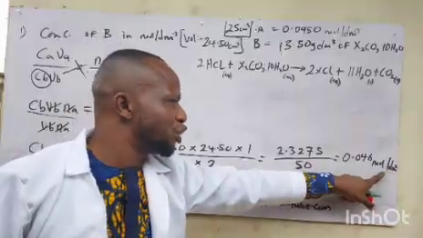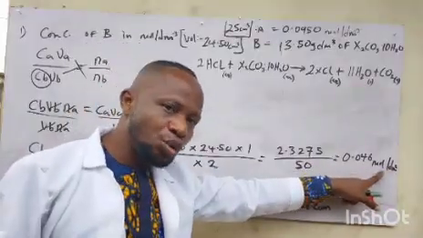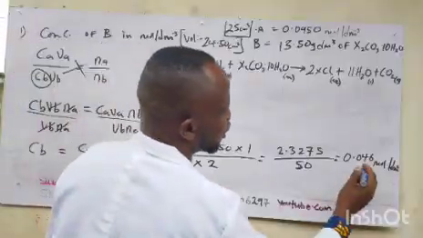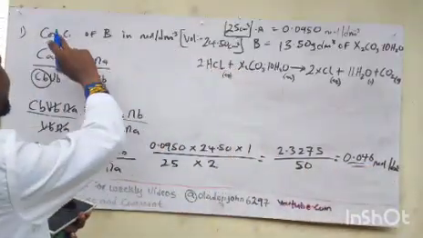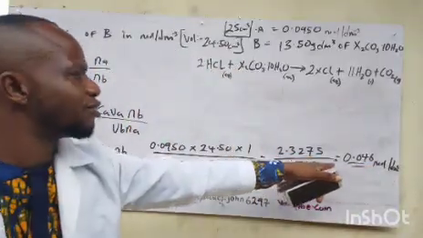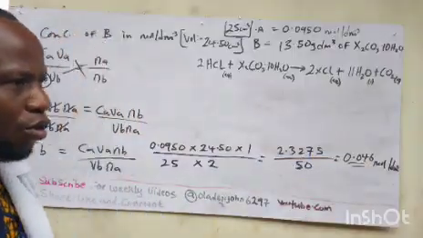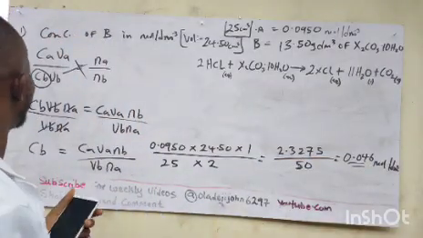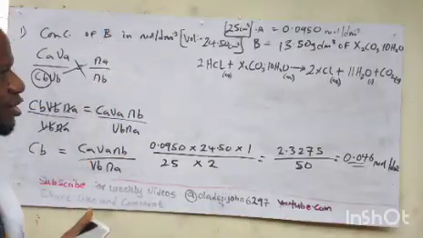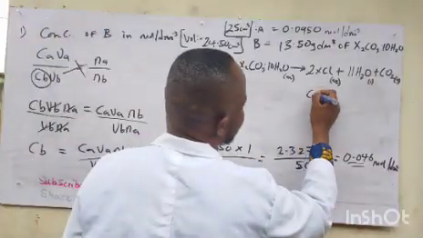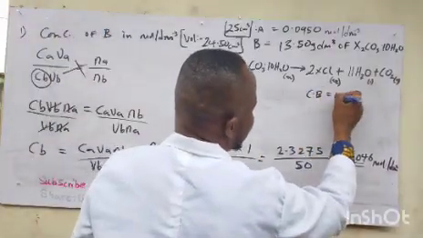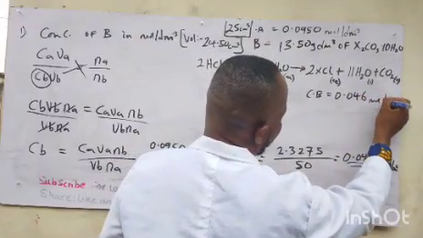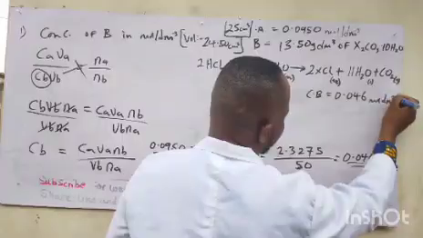But if you must put the unit, then it must be the correct one so that you don't lose a mark. So that is the concentration of base in mole per dm cube. We have 0.046 mole per dm cube, and that is what we have for our Cb. Let's note it down. So Cb is 0.046 mole per dm cube.